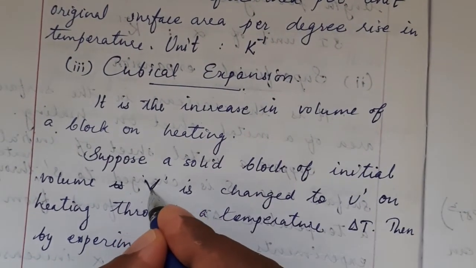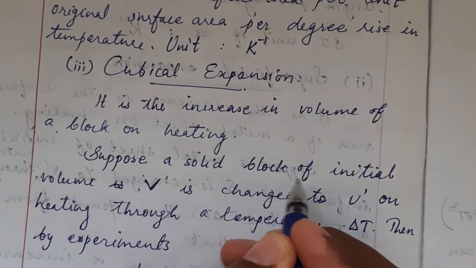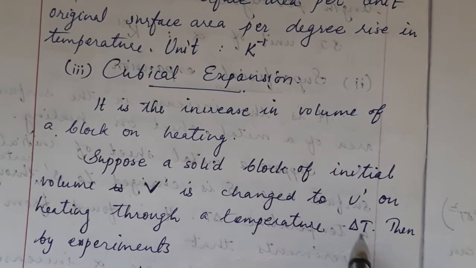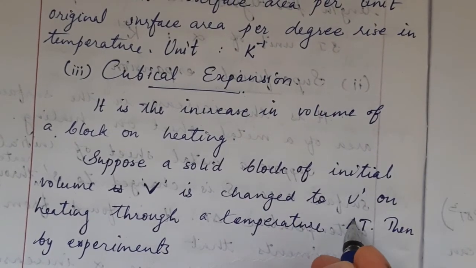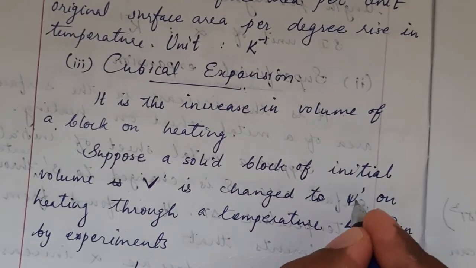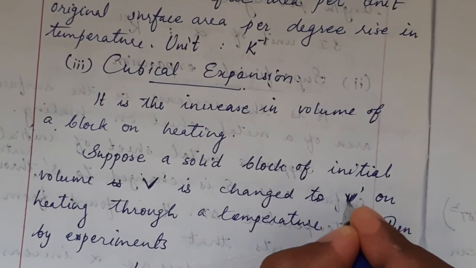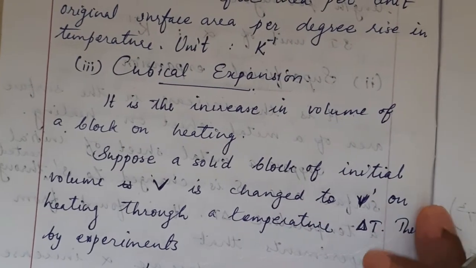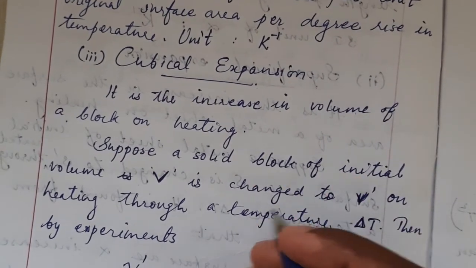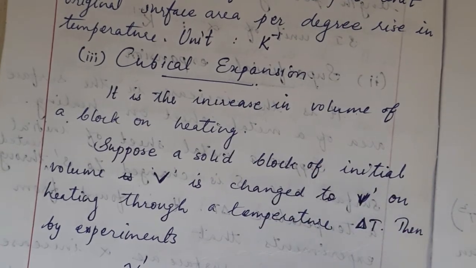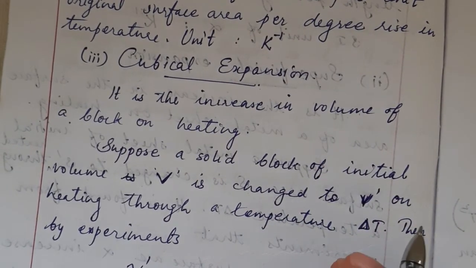So let's assume a block of volume V that is heated by increasing the temperature by delta T. As a result its volume becomes V dash, a new volume V dash. So like the previous case, this V dash minus V, that is the increase in the volume, depends on two factors: the original volume and the temperature rise.